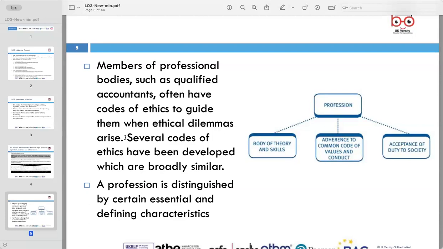The accounting profession also acknowledges its duty to society, fostering trust that professionals act in the public interest, in exchange for qualifications and the privilege of using professional titles.